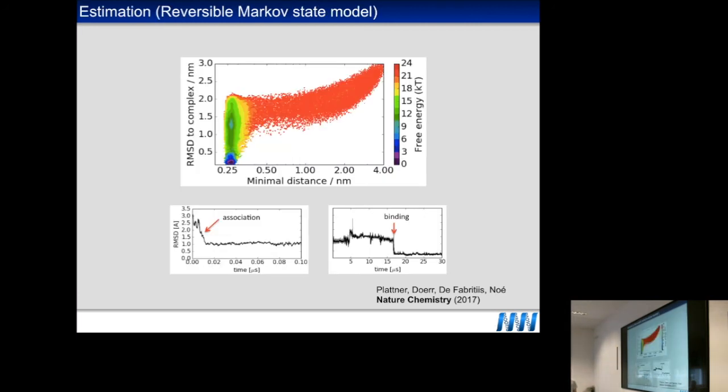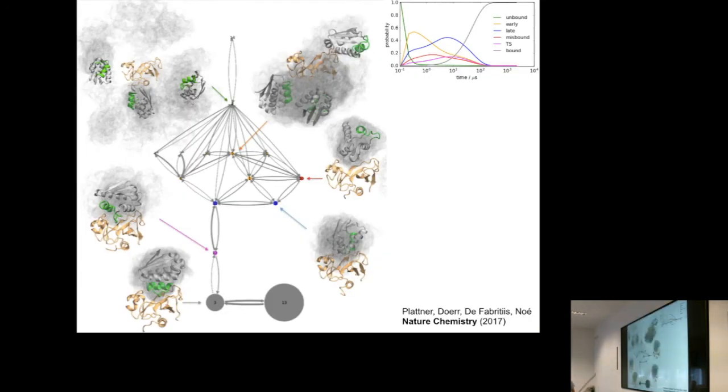Okay, so the overall picture that we get is the binding happens more or less like this. We start from the dissociated state. Then there is an ensemble of states where Barnase and Barstar are somehow sticking together, but not in the right orientation. Then Barstar can enter the binding groove of Barnase, but in this state, for example, is upside down.